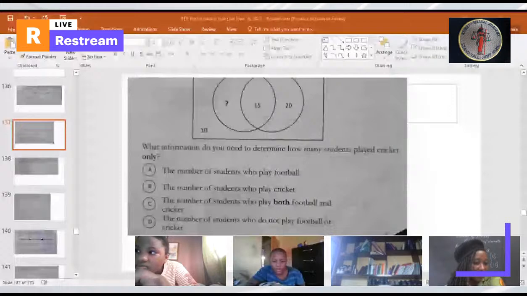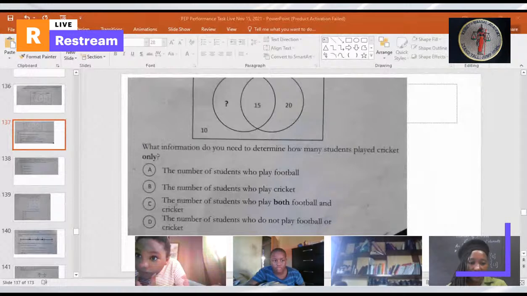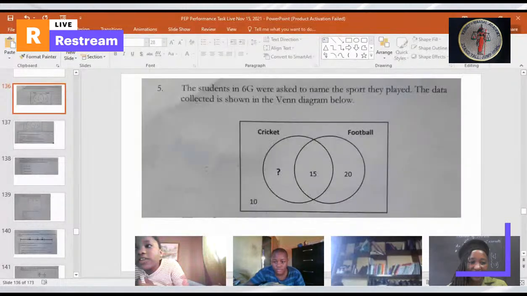Miss, how many play cricket? Miss, can you scroll up for me to see the top of the Venn diagram? You need to turn your camera on. Here's the Venn diagram again.